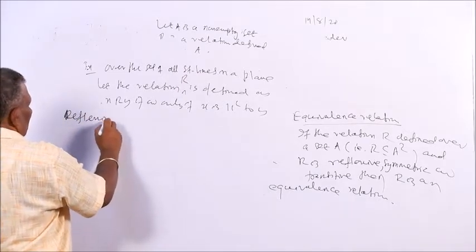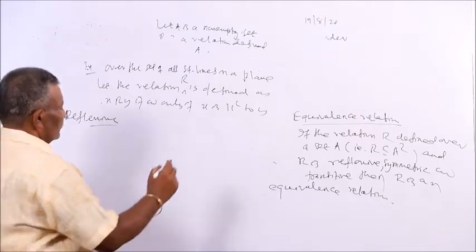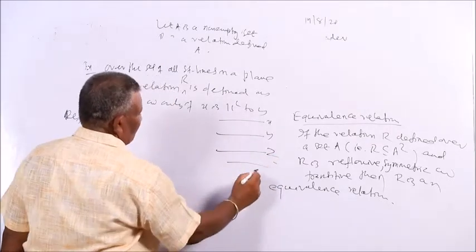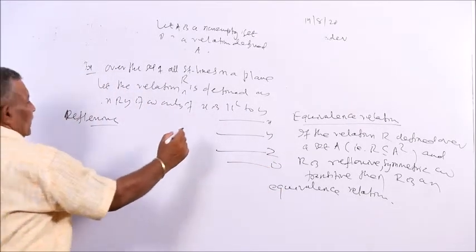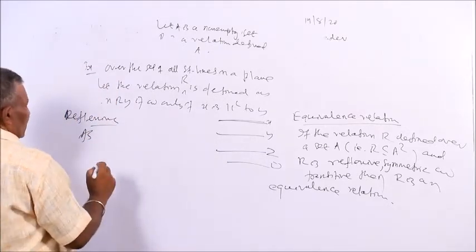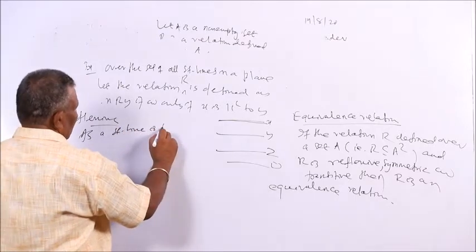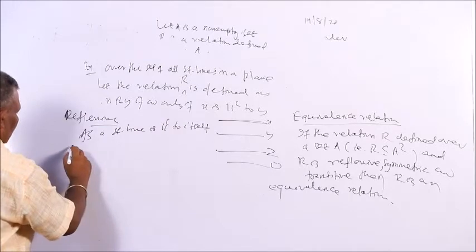Reflexive. We know that a straight line is always parallel to itself. If these are straight lines in a plane, a straight line x is always parallel to itself.